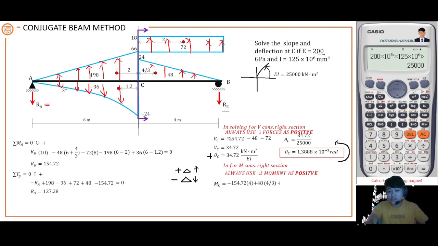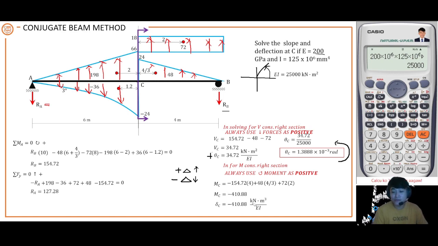And then this is plus counterclockwise, 72 times the distance of 2. So the value of moment at C is equal to negative 410.88. So meaning we have a negative moment. Now, this moment is a negative deflection. Those units are in kilonewton cubic meter over EI.